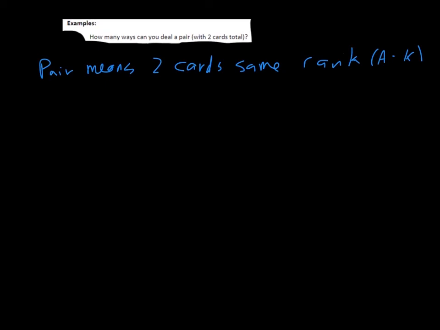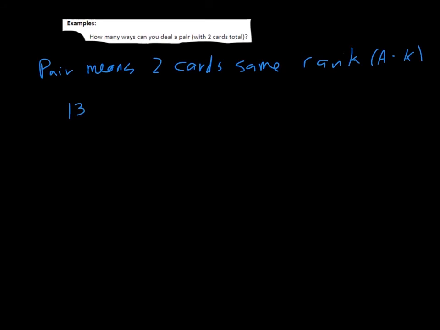So if I want to count the number of ways to get a pair, the first thing I have to do is think about how many ranks there are. So out of the 13 ranks that all the cards have, every card is going to have ace, 2, 3 through king. So there are 13 different ranks.